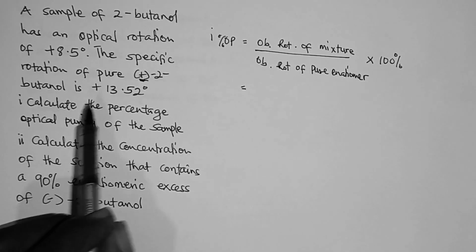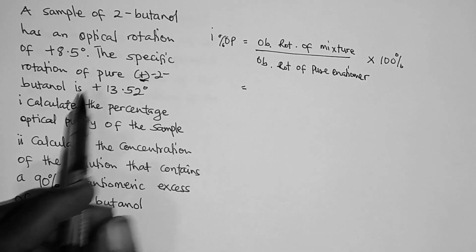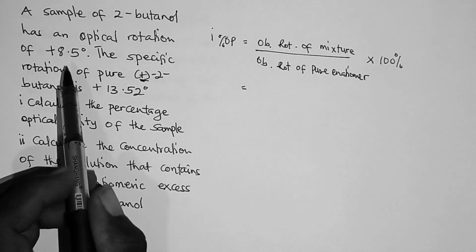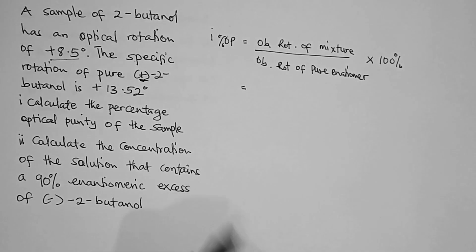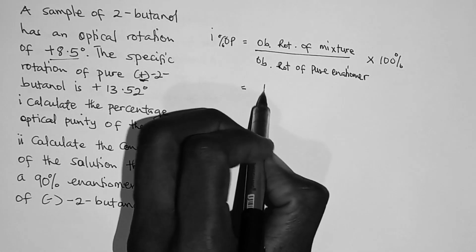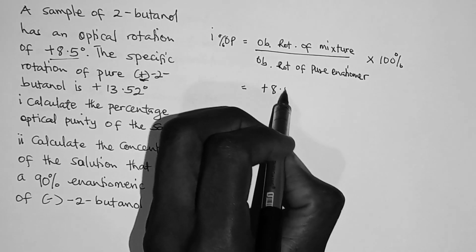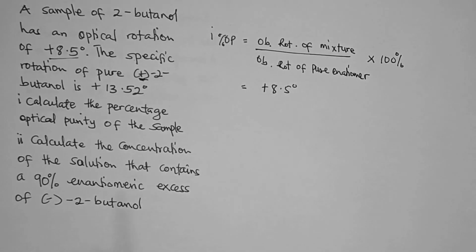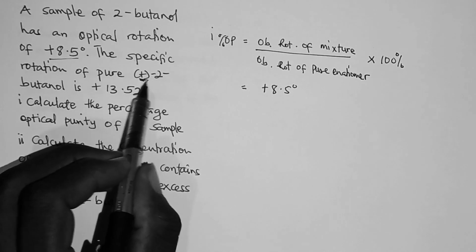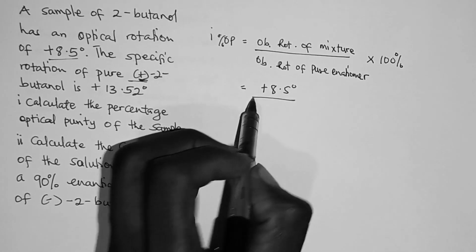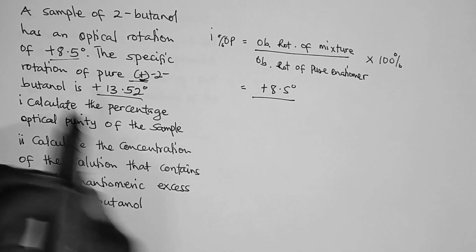And this is equal to, we were given the rotation of the mixture as plus 8.5 degrees. And then for the pure plus 2-butanol, it was given as plus 13.52 degrees.